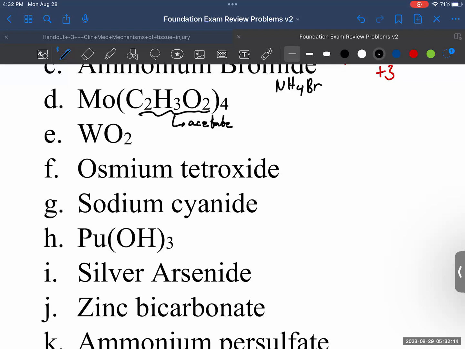Close enough. So it's molybdenum. Just remember to spell it right. That's all you need. All right, so here, what charge is on our molybdenum element? 4. Is that a positive or a negative? The test will just have the symbols, not the names.